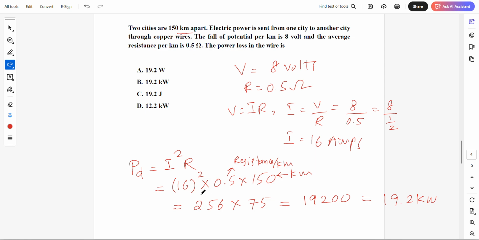Understood? Now if you multiply this one, you are going to get 19.2 kilowatts of power loss. The power loss in the wire is given by I square into R. We got I here, that is 16 amperes of current.